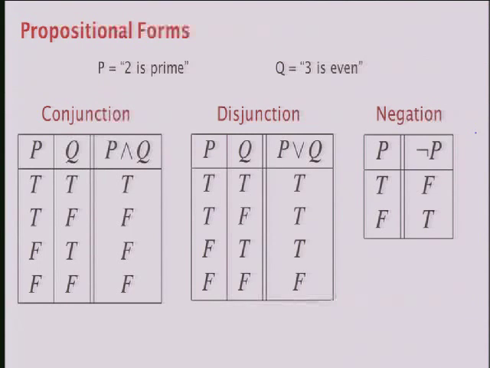Okay, so in this particular case, as you can see, P was false. Q is, oh, no, P is not false. Sorry, P is true, right? 2 is prime. 3 is even. 3 is not even, so that's false.